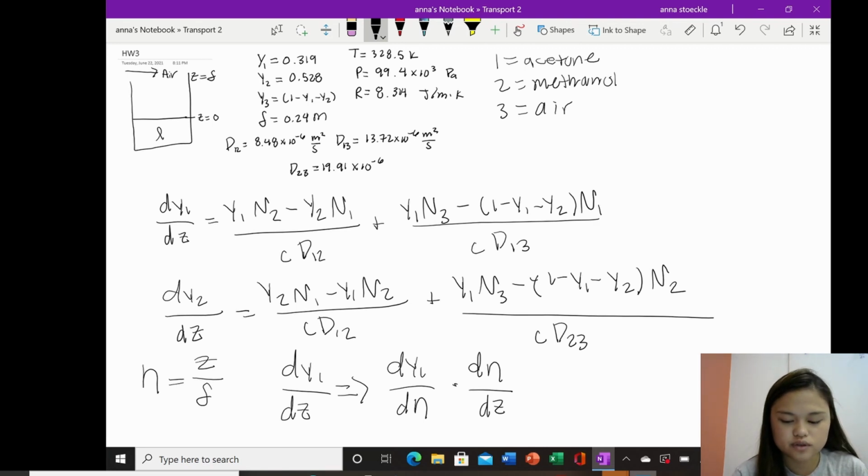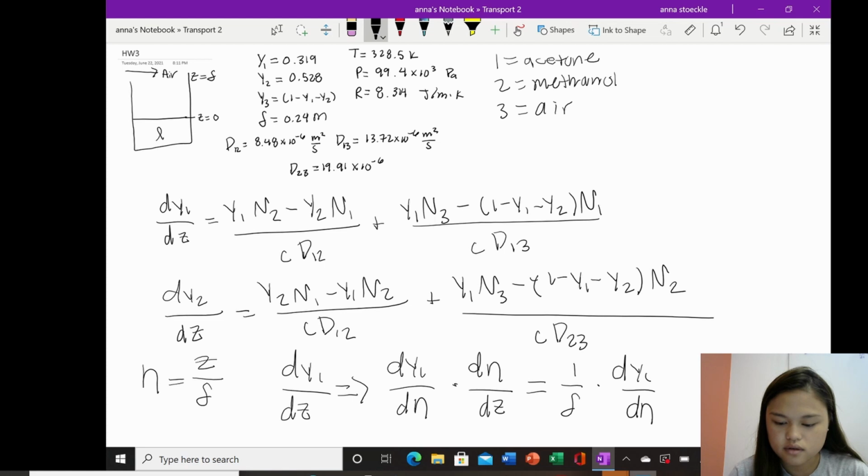This just comes from an application of the chain rule. As a result, we obtain 1 over delta, times the change in mole fraction of acetone over that new distance that we scaled, eta.